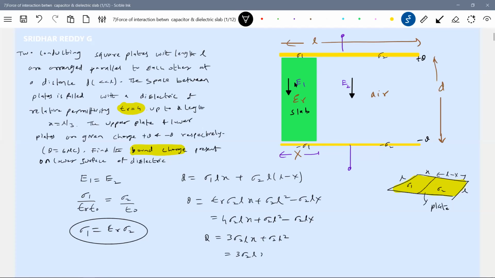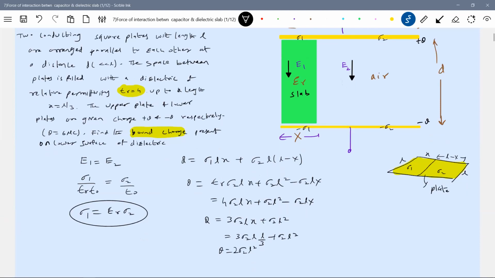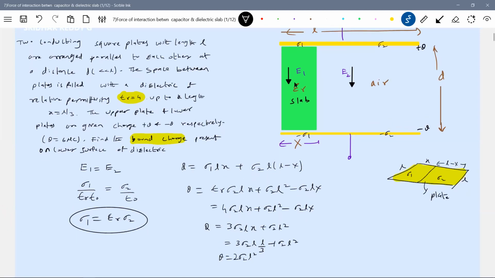Substitute that x equal to L by 3. Two sigma 2 L square. Okay, this is the total charge that is present.